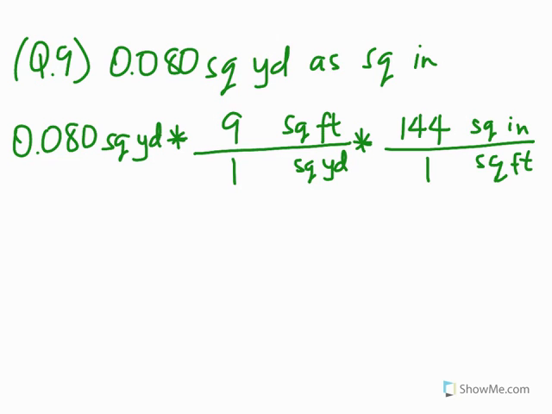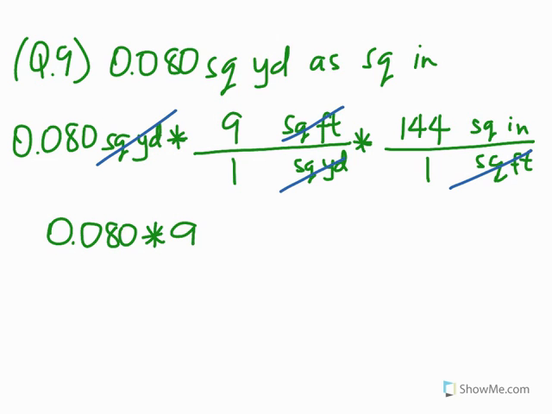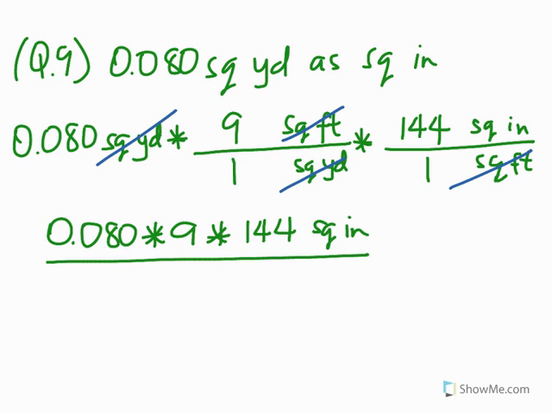So we can now cross out square yards divided by square yards, square feet divided by square feet. And we now have 0.080 times 9 times 144 square inches, all divided by 1 times 1.